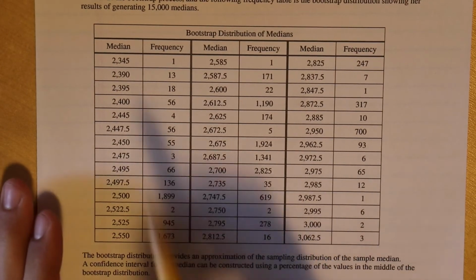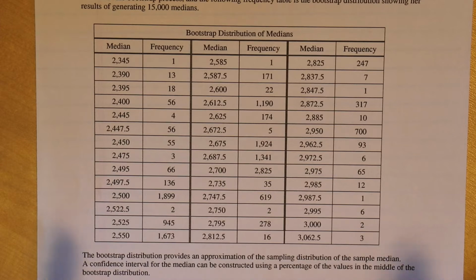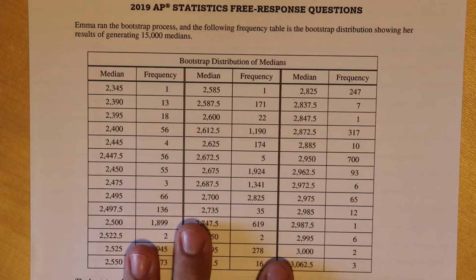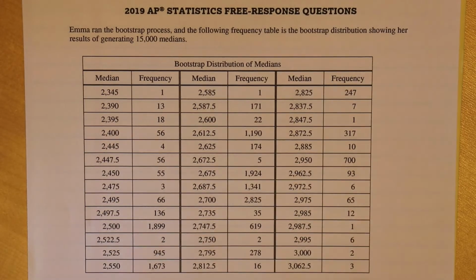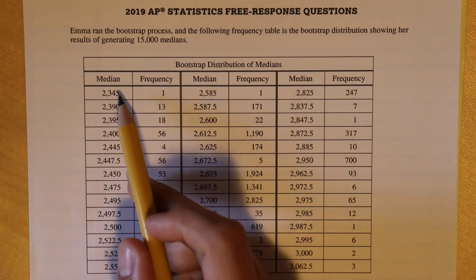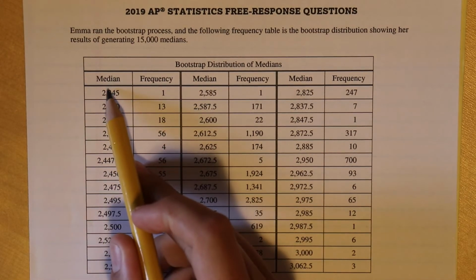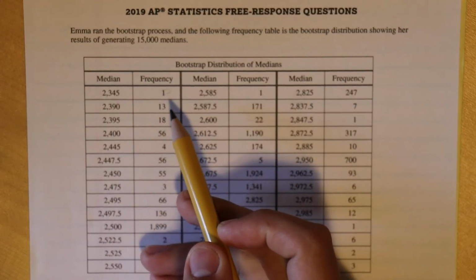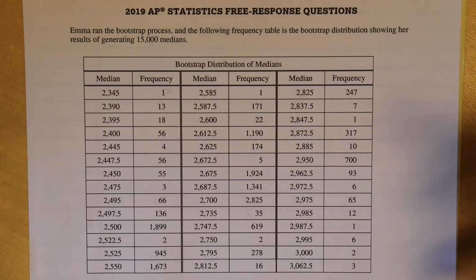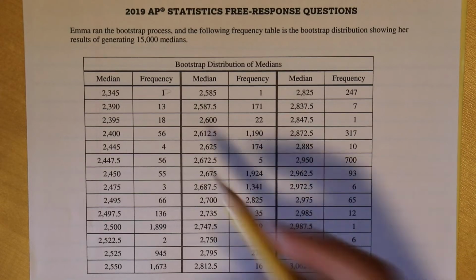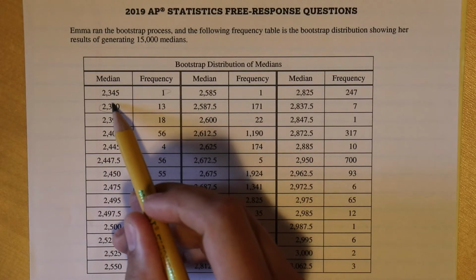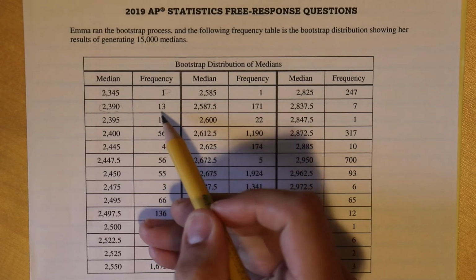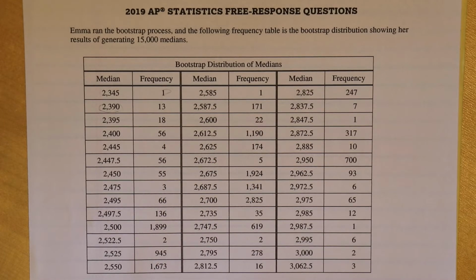So what this is: Emma ran a bootstrap process. This is 15,000 medians in a table. To explain it, it's like if I were to plot this, right? This is a median of 2,345. That happened one time in this process. In this simulation, think of the dot-plotting simulation that you just saw. A median of 2,390 happened 13 times out of 15,000.